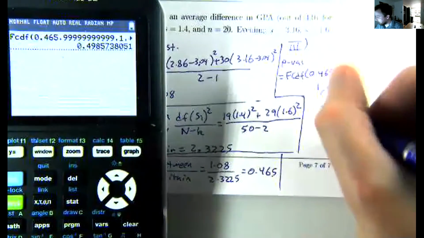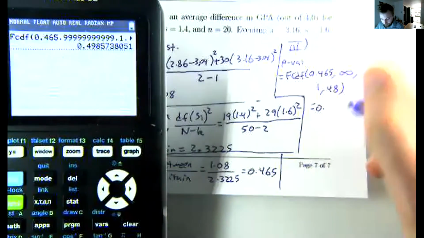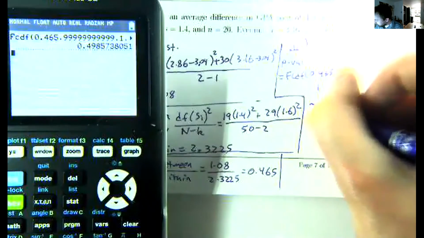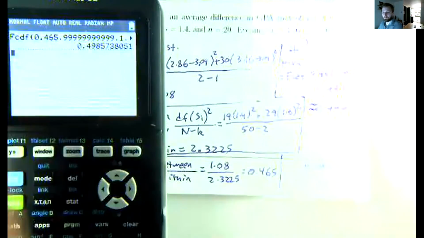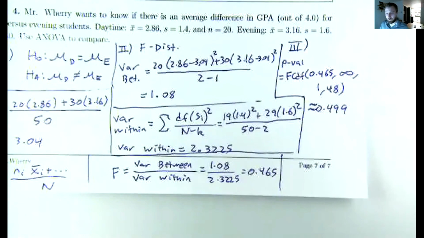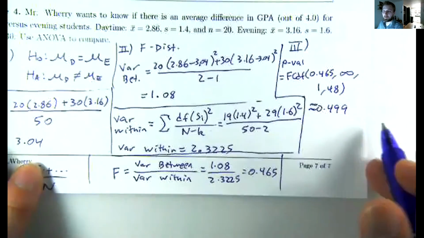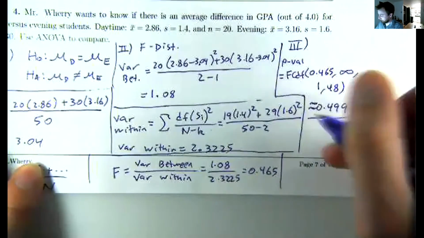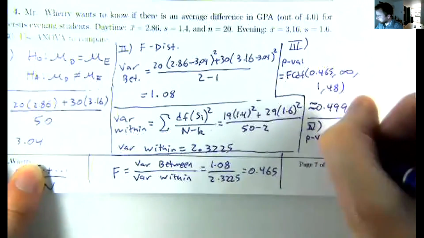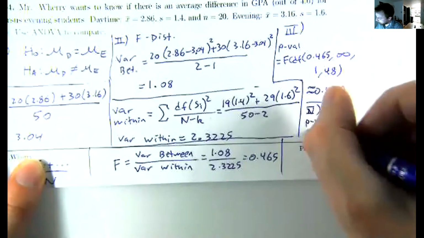And I get a p-value of 0.499 or so. Let me make that an approximate symbol. So I have a p-value of almost 50%. That's massive. Four-step conclusion. My p-value is bigger than my alpha.